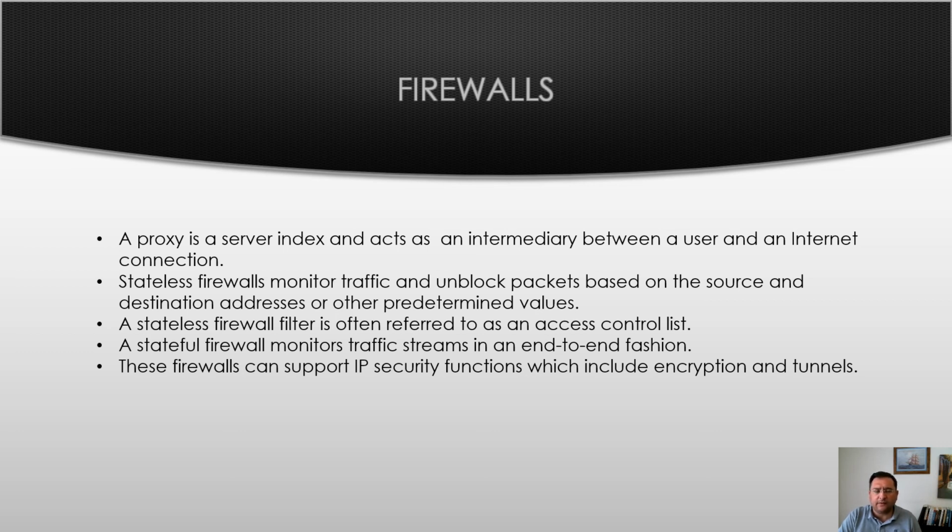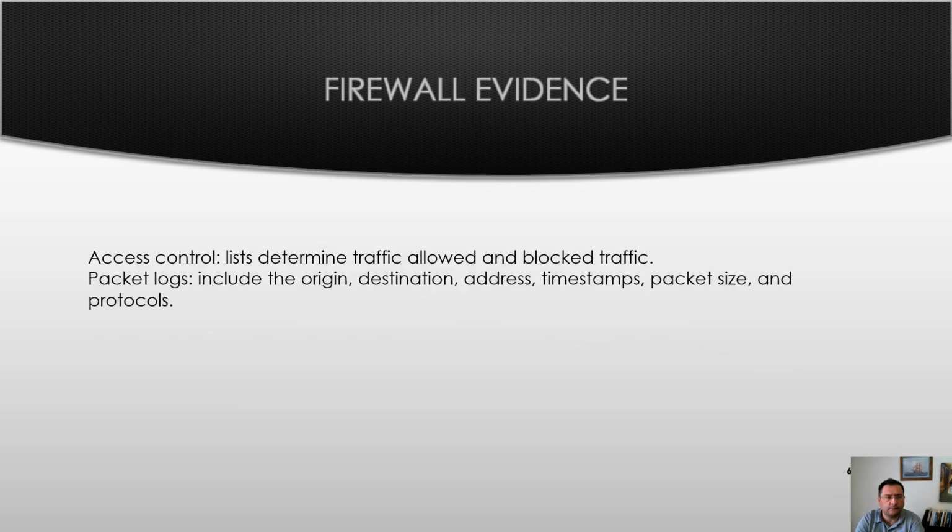A stateless firewall filter is often referred to as an access control list, and a stateful firewall monitors traffic streams in an end-to-end fashion. These firewalls can support IP security functions, which include encryption and tunnels. Stateful firewalls are generally better at flagging unauthorized connections.